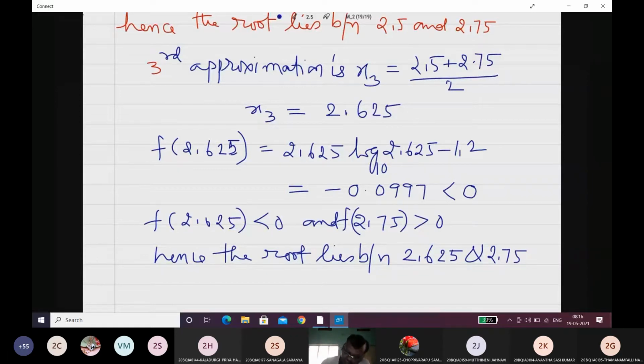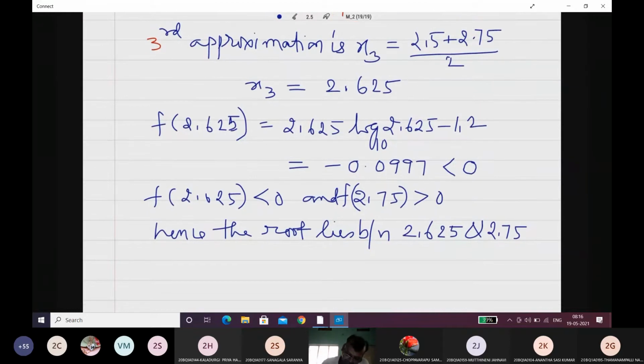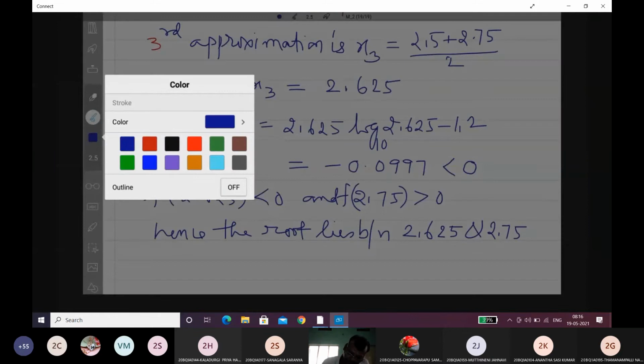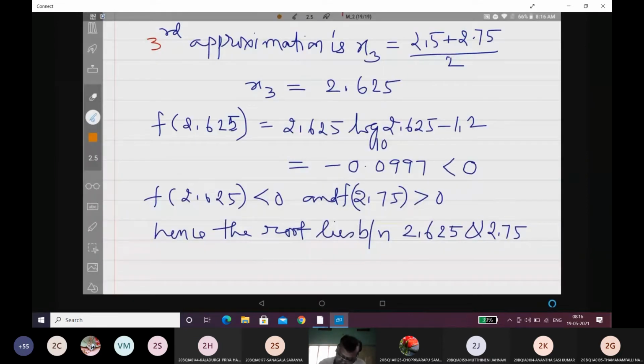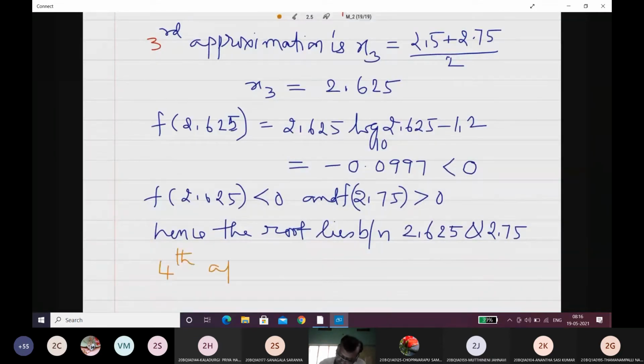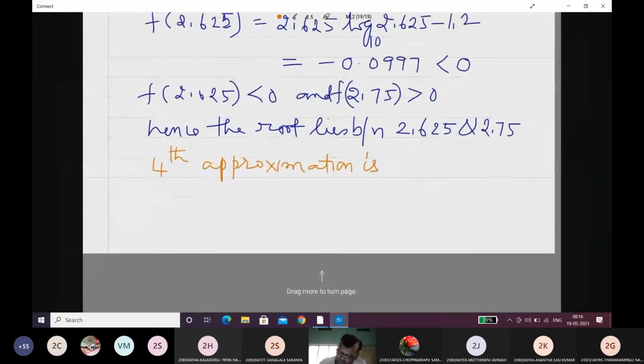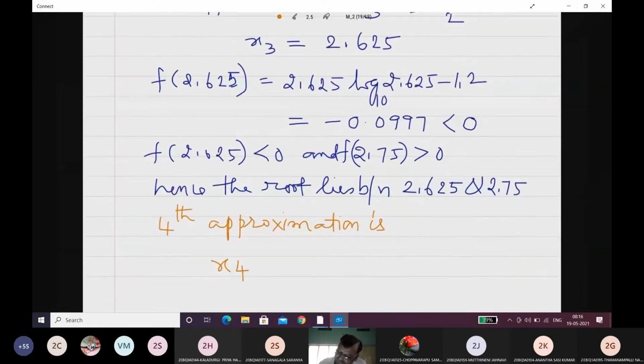Now the fourth approximation is x4 is equal to 2.625 plus 2.75 by 2.